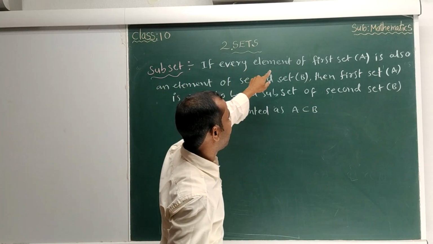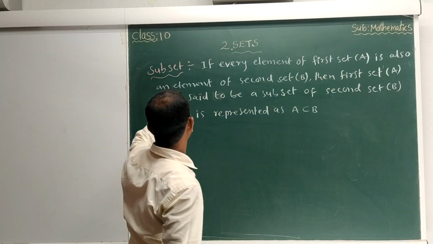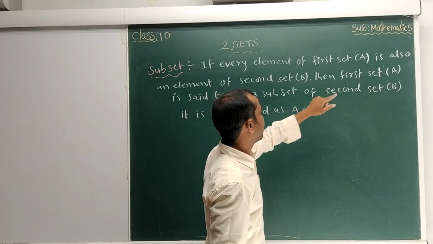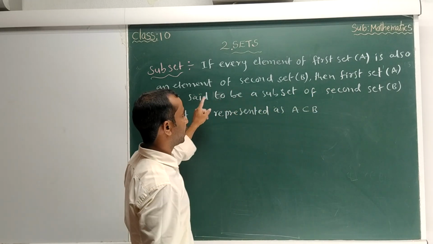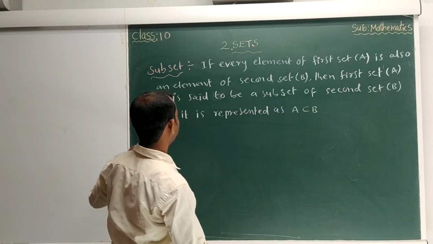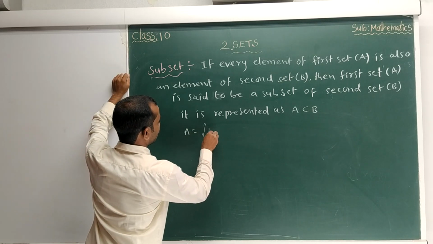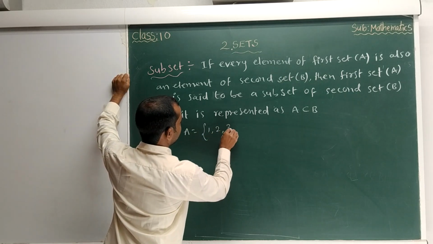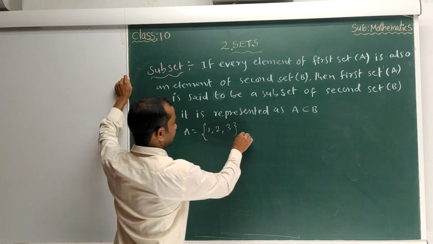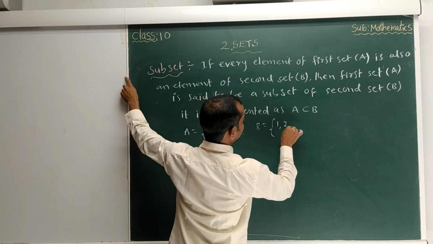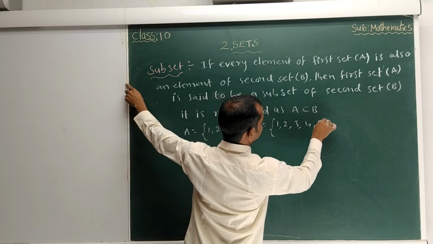If every element of the first set is also an element of the second set B, then the first set is said to be a subset of the second set. For example, A is a set 1, 2, 3. B is a set with elements 1, 2, 3, 4, 5.